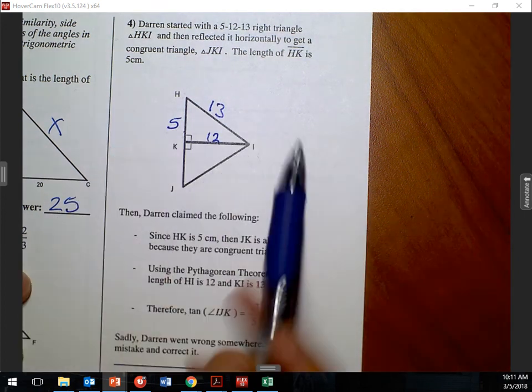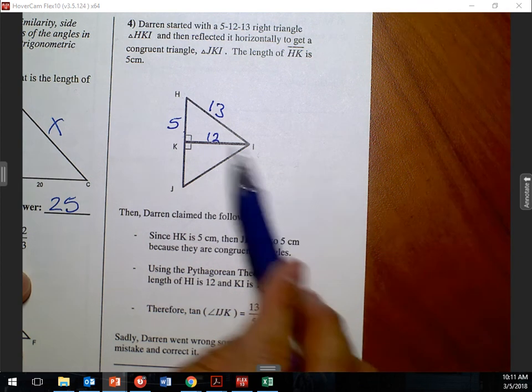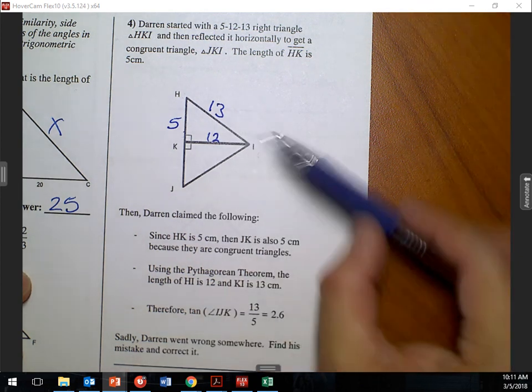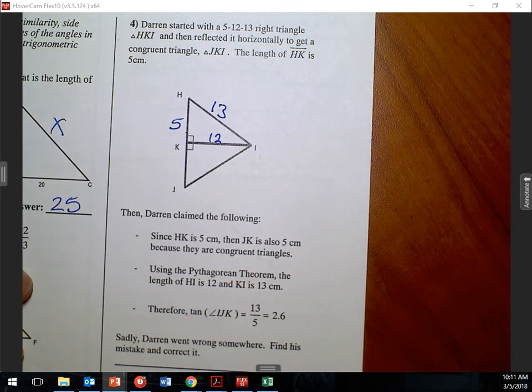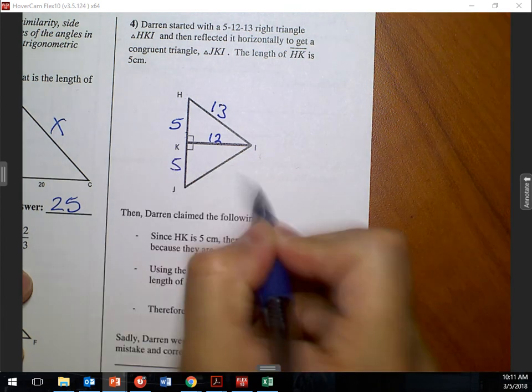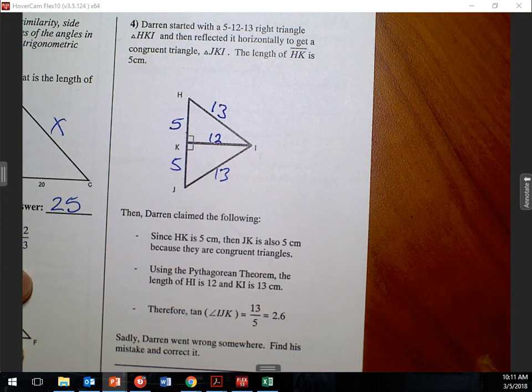Very good. So in these types of triangles, the hypotenuse is always my longest side, right? So when I'm reflecting this, what is JK going to be? 5. And what is JI? 13. There we go. So we filled in everything.